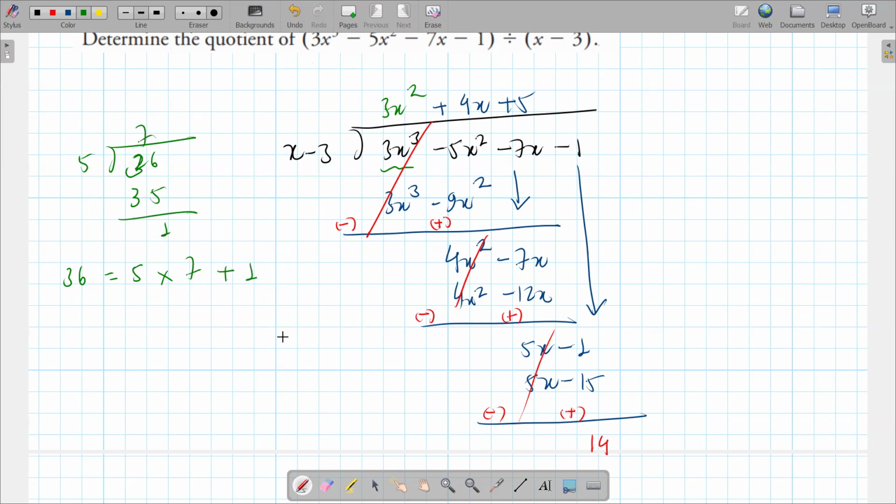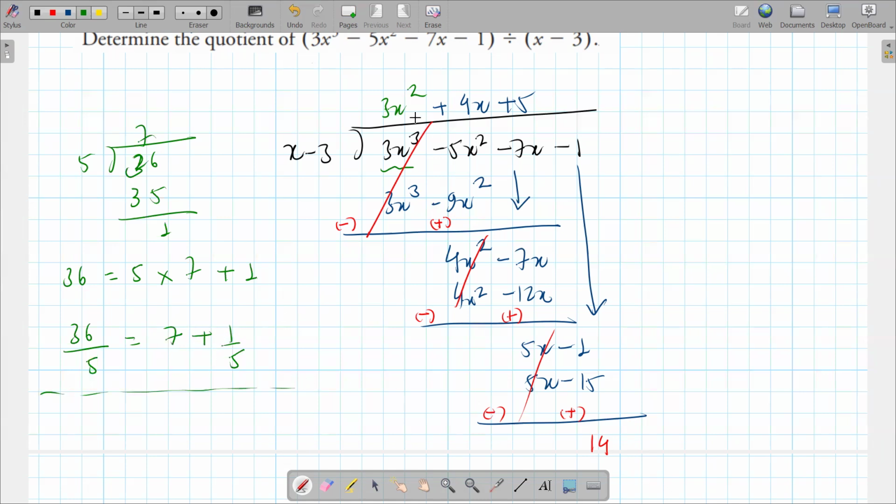That's one way you can write this. Another way you can write this is that 36 over 5 is 7 and 1/5. 36 over 5 is 7.2. So you can say it's 7 plus 1/5.